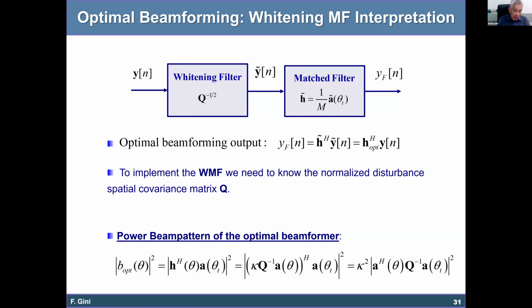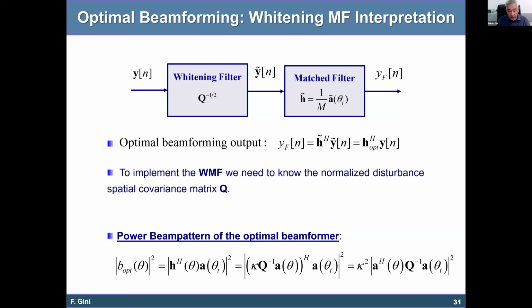The whitening operation basically has the purpose to whiten the disturbance and so to revert the problem to the problem of designing the optimal beamformer in white disturbance. So the optimal beamformer can be interpreted as the cascade of two linear filters, the whitening filter and the matched filter. That's why it is called sometimes whitening matched filter.